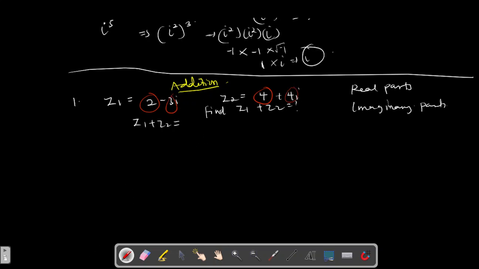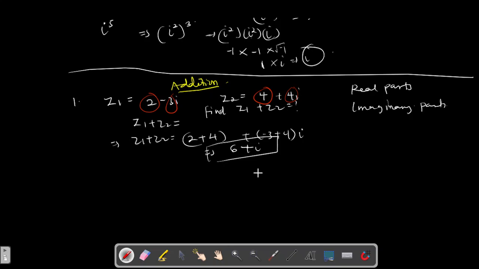So z1 plus z2 is equal to (2 plus 4) plus (-3 plus 4)i. This simply gives us 6 plus i. That's all. So whenever they ask you to add any two complex numbers, it's very simple and direct. Add the real parts together, then add the imaginary parts together.